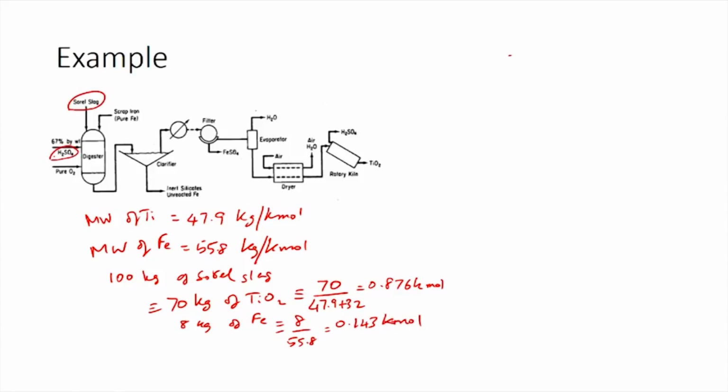The problem statement tells us that H2SO4 is fed based on the theoretical requirement of sulfuric acid as per the sorrel slag. This means the amount of sulfuric acid which is required to react with TiO2 and iron has been fed. Looking at the stoichiometry, we know that 1 mole of TiO2 reacts with 1 mole of H2SO4.